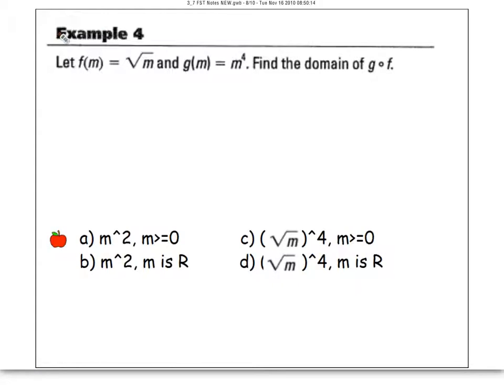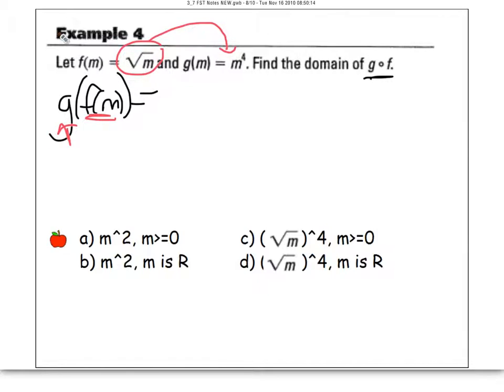The last one here is just going to challenge you not to oversimplify. They want us to find g of f of m. So I'm going to do the shortcut on this one. I'm going to take f of m, which is this, and plug it into the g function, which is right there. So I'm going to get not m to the 4th, but the square root of m to the 4th.